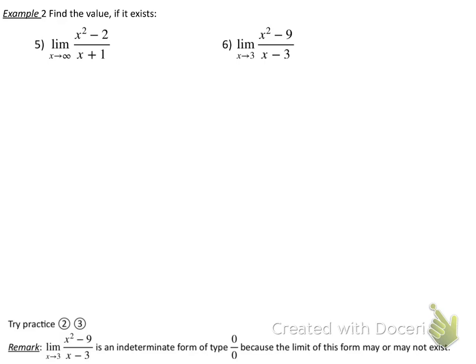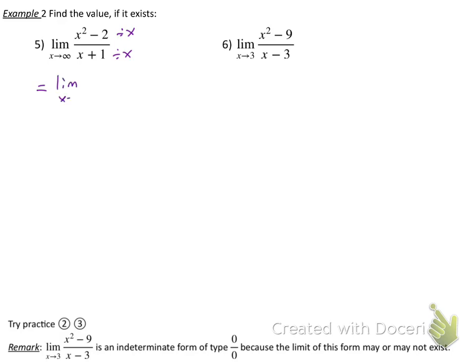When you have a quotient of two polynomials, to find its limit, you divide by the highest power on the denominator. That's always the case. So we divide by the highest power of x on the denominator so that the denominator will be 1. And whatever the numerator turns out to be will be what it is.